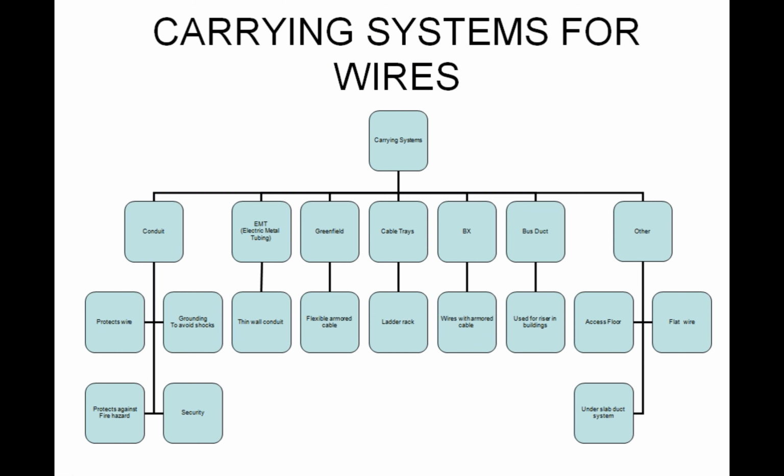Then there are cable trays, and that's pretty self-explanatory. They're almost like open trays. Think of a U shape, or even a rectangle without the top. It's an open area where you can lay your wiring, or whatever it is that's being carried, and that serves as the protective device, and it serves as an area to install.